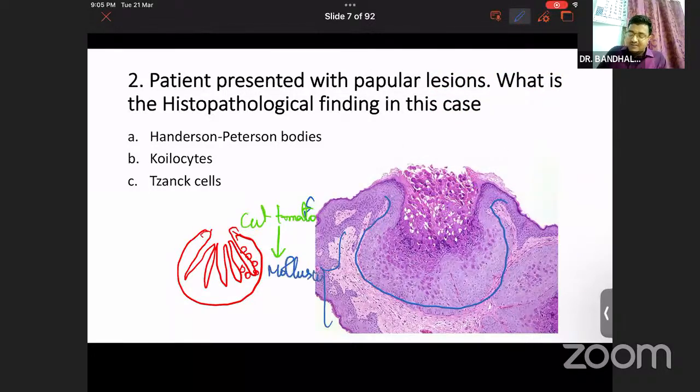Now you can tell me what the finding in molluscum contagiosum will be. Which bodies will be there? In molluscum contagiosum, the bodies present are, yes, correct, Henderson-Paterson bodies, otherwise known as molluscum bodies.